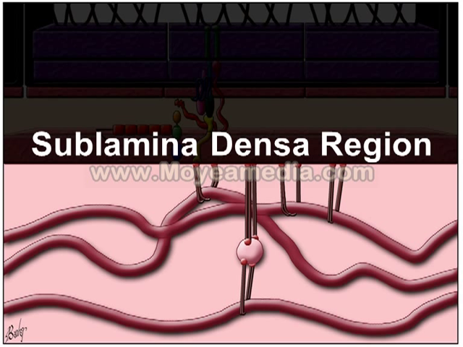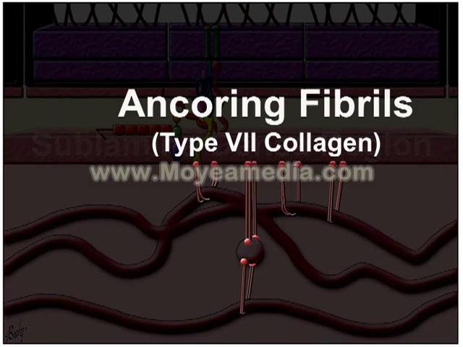And then the sublamina densa region, where again we'll see more antigens key in immunobullous disease. The anchoring fibrils are a key area of focus of antibody for both bullous lupus and for epidermolysis bullosa acquisita.